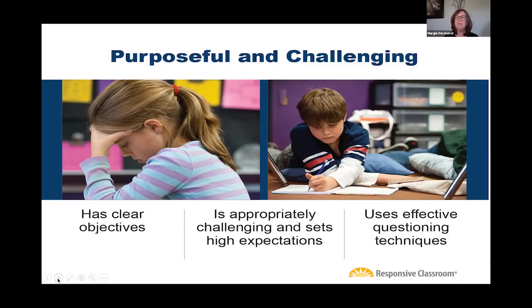Opening, a lot of times our open-ended question might be connected to that clear objective, or it might be connected to getting them to think about what it is they already know. And the body might be that time where we're having them do that higher level thinking and connect with what they know. The closing is where we kind of wrap it together. We look back at what that learning is and how we are going to use that learning that we just came up with.